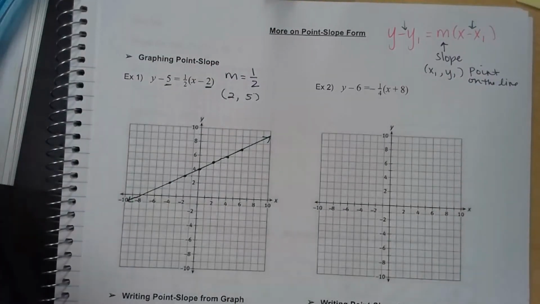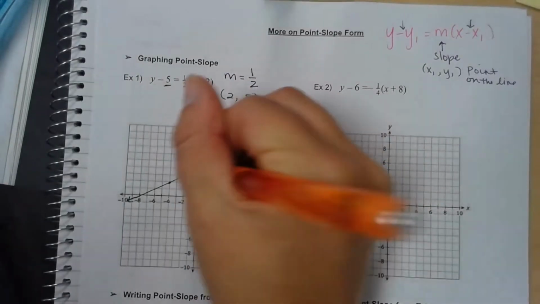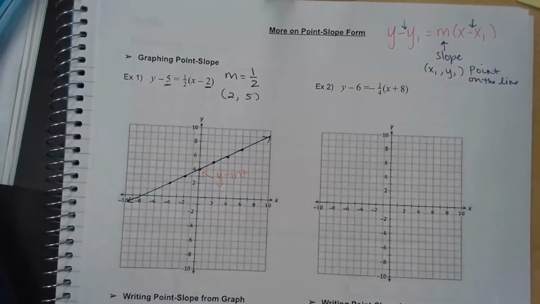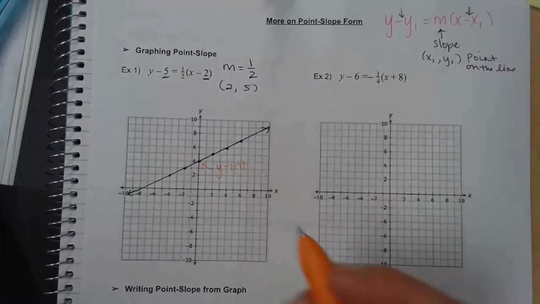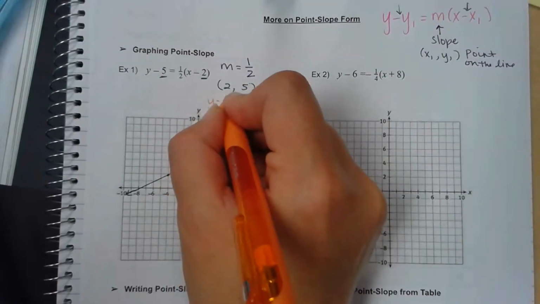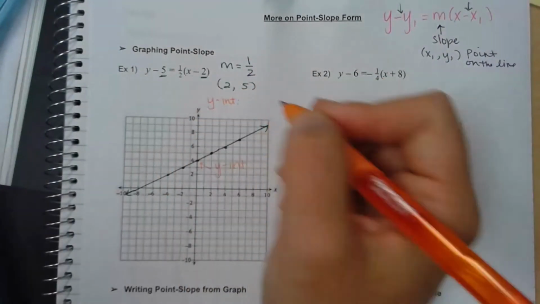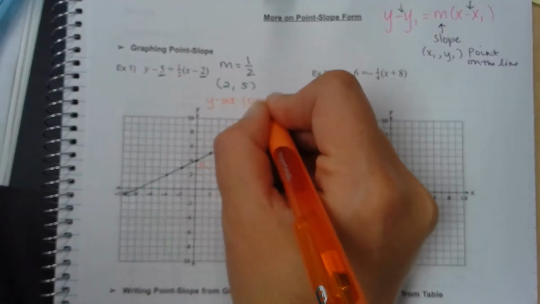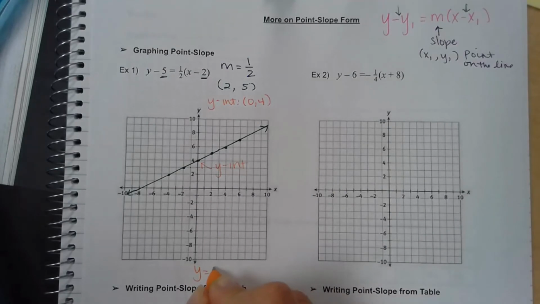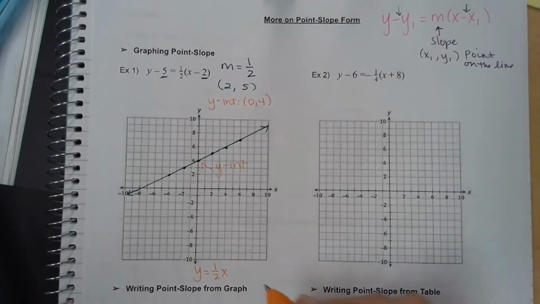You will also see from looking at this that I was able to identify my y-intercept. So if I needed to, I could also rewrite the equation of this line in slope-intercept form, because now I also know that my y-intercept is located at 0, 4. So my slope-intercept form would be y equals 1/2 x plus 4.